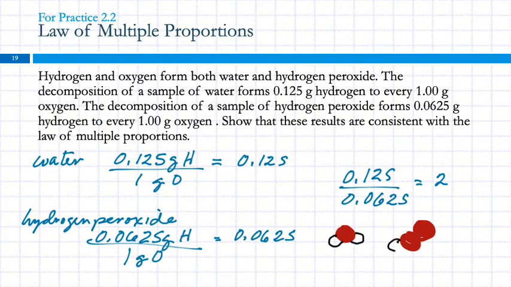Very crude drawings of water and hydrogen peroxide. 1 oxygen for every 2 hydrogens, or 2 hydrogens for every 1 oxygen. And here we have 2 hydrogens for every 2 oxygens.